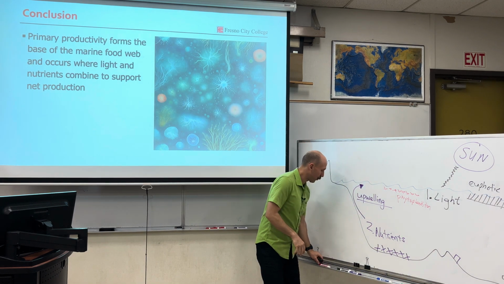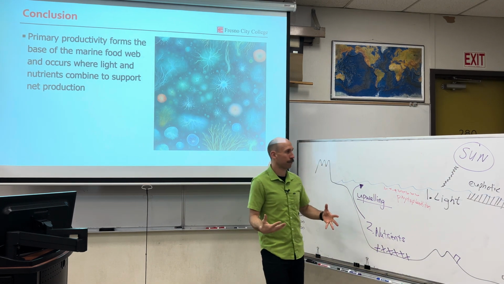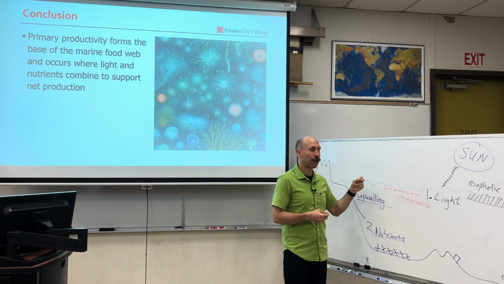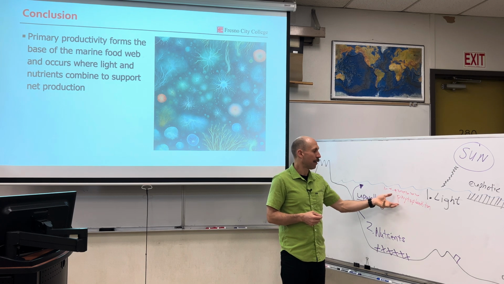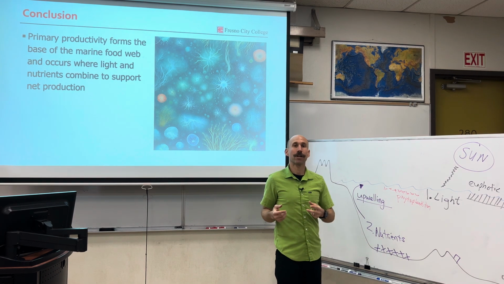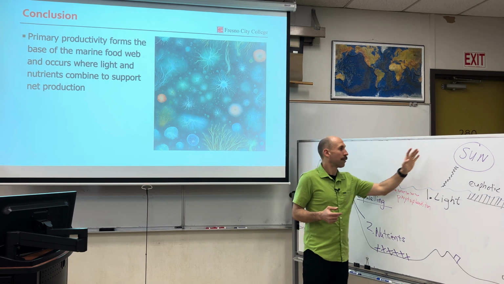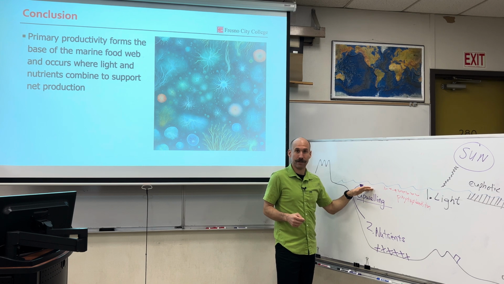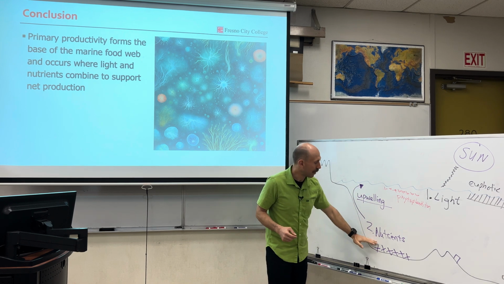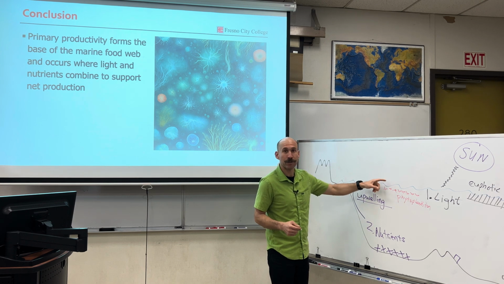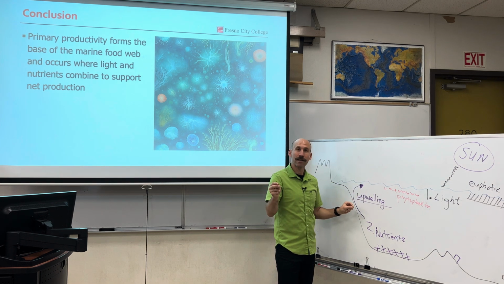So to review our introduction, primary productivity is the creation of organic matter. It's basically the basis of the food web. And for that to occur, there needs to be light and nutrients. How we get nutrients from the bottom of the ocean up to where the light at the top of the ocean is, is through the process of upwelling.